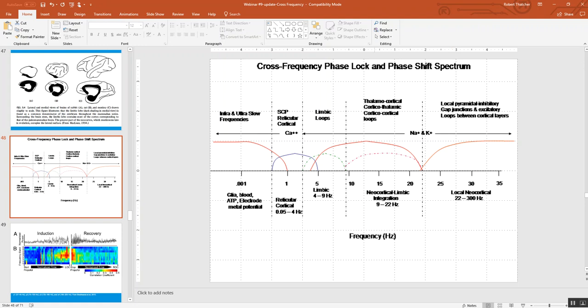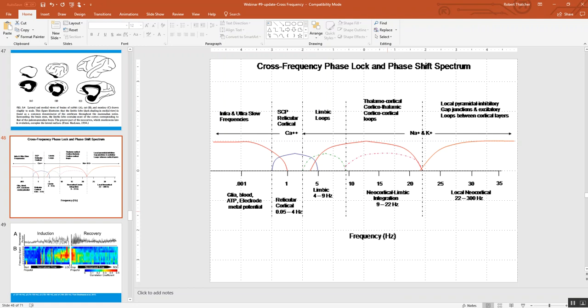Now, in between the limbic and the gamma, or the theta and the gamma, is this range from 10 to 20, 22 hertz, which is involved in neocortical-limbic integration and also reticular-cortical integration, in which the dynamic competition for available resources is taking place, where the local field potential is shifting neurons and selecting neurons to be in phase or anti-phase in a dynamic predator-prey ecological dynamic.